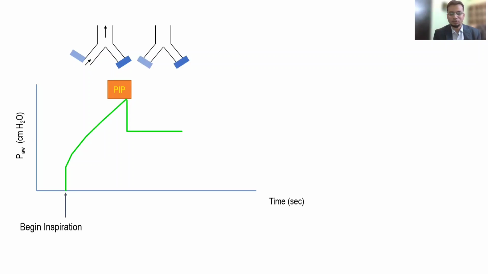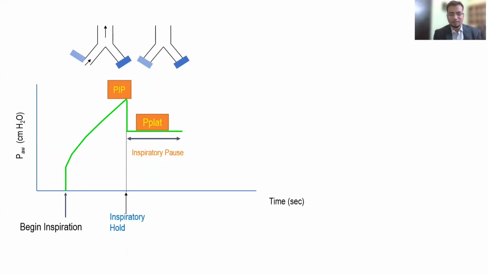Following this, both inspiratory and expiratory valves close and inspiratory flow ceases during an inspiratory pause. During the inspiratory pause, pressure dissipates due to opening of slow alveoli and a lower pressure is attained, which is called Pplat or plateau pressure. This is a pressure which is very important to find out the lung compliance.